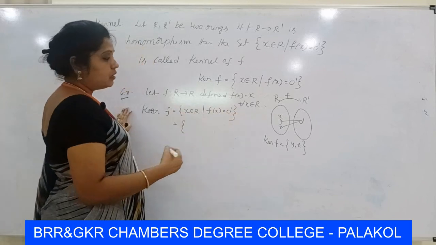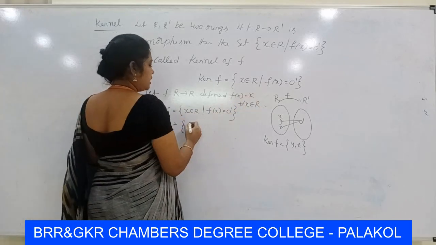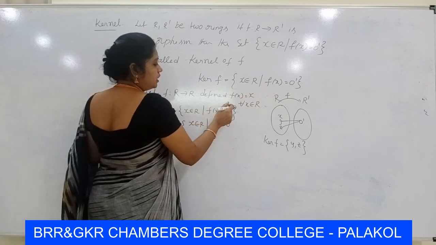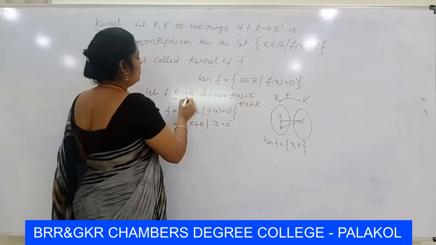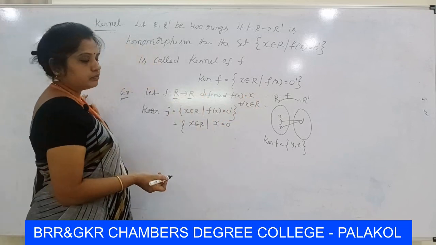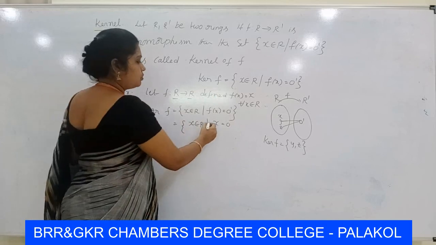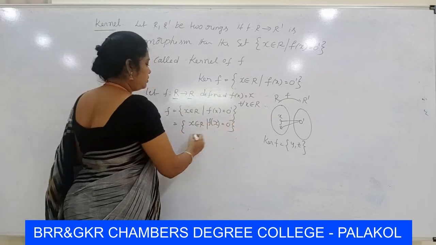For this mapping we have f of x is x. Here domain and codomain are the same, so the zero element is 0, that is f of x equals 0.